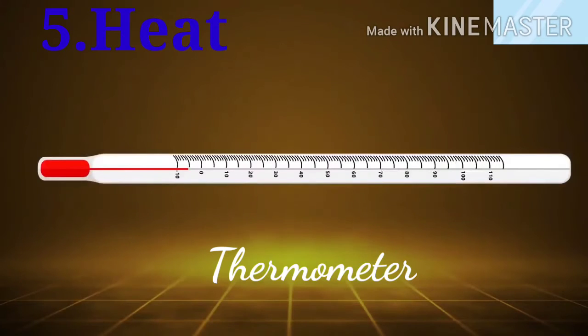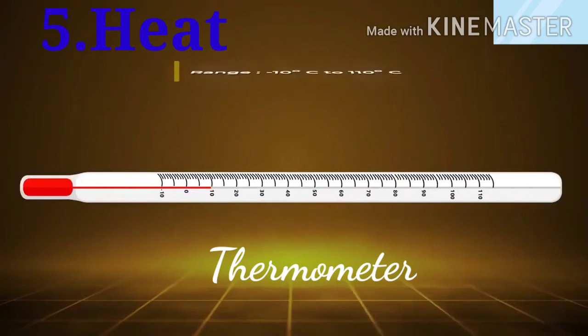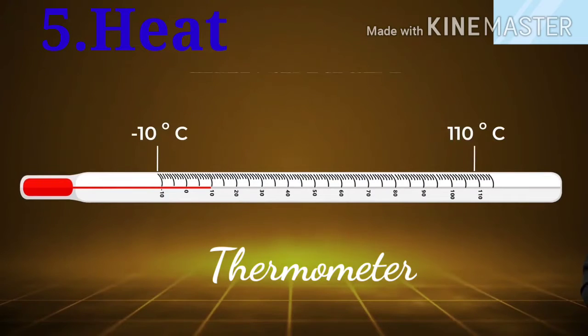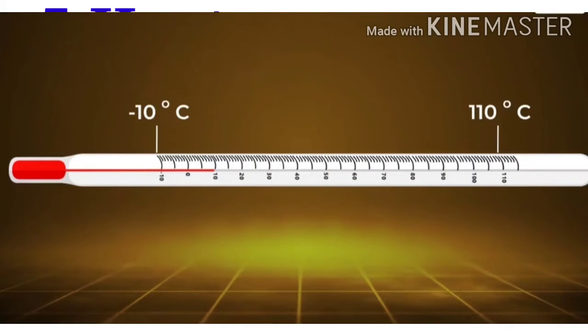The structure of a thermometer: it is a glass capillary tube. On it, markings are present from -10 degrees Celsius to 110 degrees Celsius. The capillary tube is called the stem. It has a bulb at one end. The bulb is filled with mercury, and when the bulb is kept in contact with a hot body, the mercury in it will expand and show a different reading.